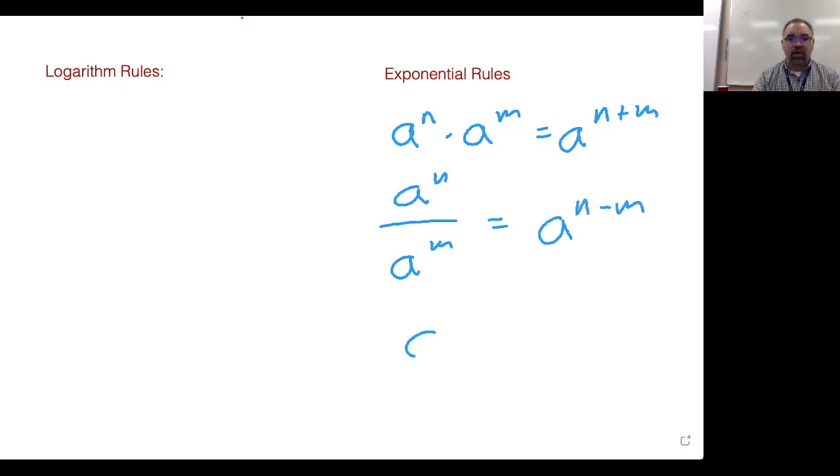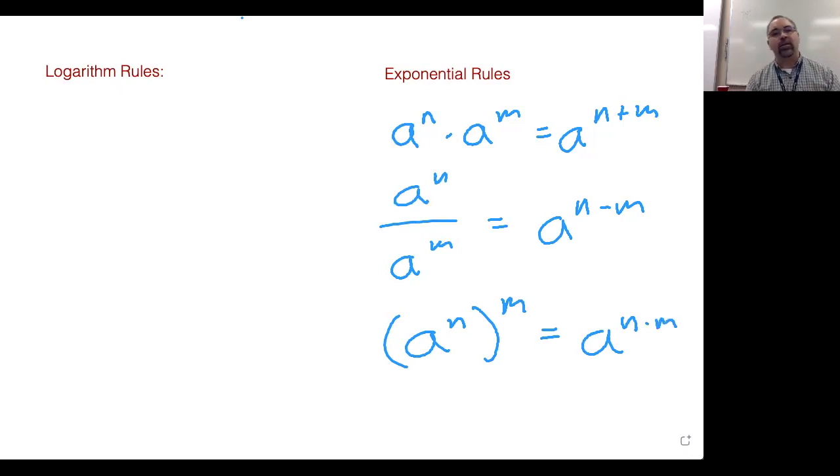And if you have a to the n power and you raise that whole thing to the m power, what do you do with your powers? You multiply them. Okay, well, there are corresponding rules in logarithm land that go with each one of these rules. Why do they match up so well?